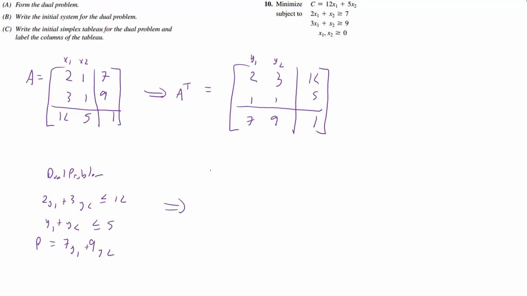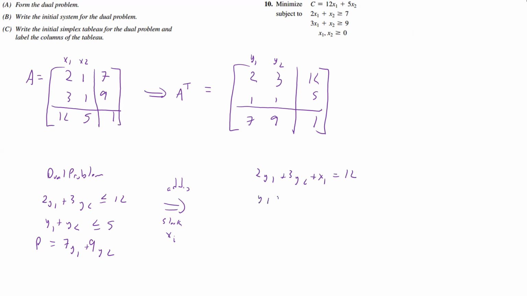Now we convert that into our equality system, which means we get rid of our inequality and make an equality. But remember, here we're adding the slack variables, so it's going to be some x's, and so we have 2y1 plus 3y2 plus x1 equals 12.